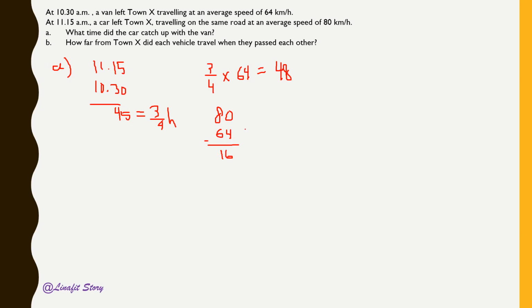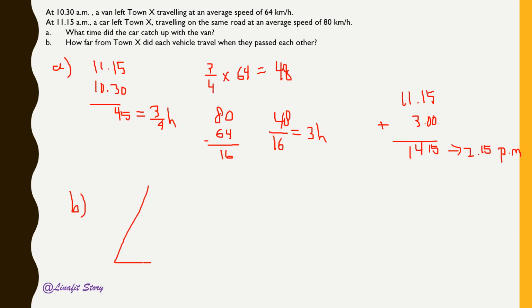So after that, 48 divided by 16 equals 3 hours. 3 hours after 11:15 is 14:15 or 2:15 p.m. This is answer A. How to solve B?